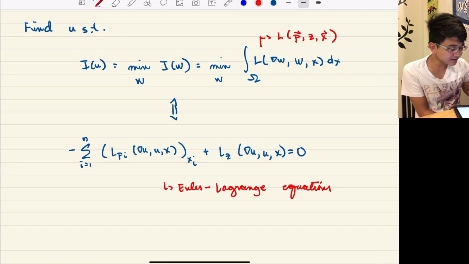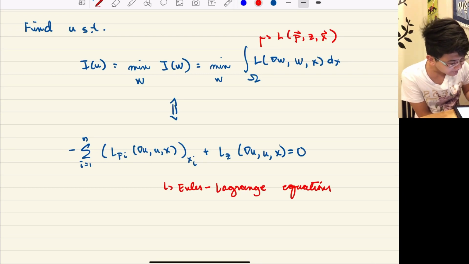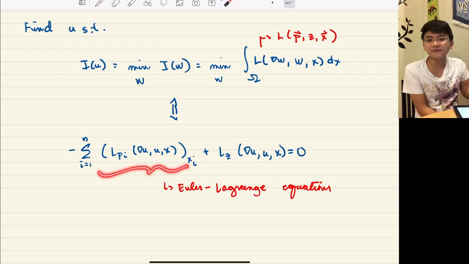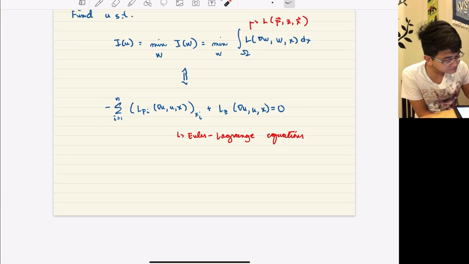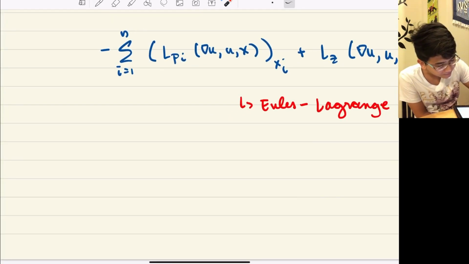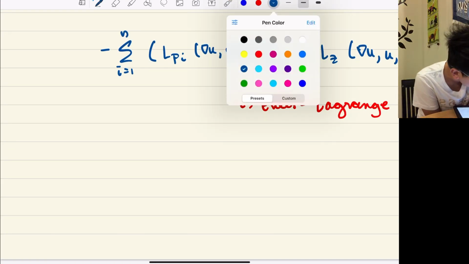Aside from it being quasi-linear, I also want to emphasize that it's in divergence form. Like I said earlier, this term here is a divergence of something. And this ties into Hilbert's 19th problem.